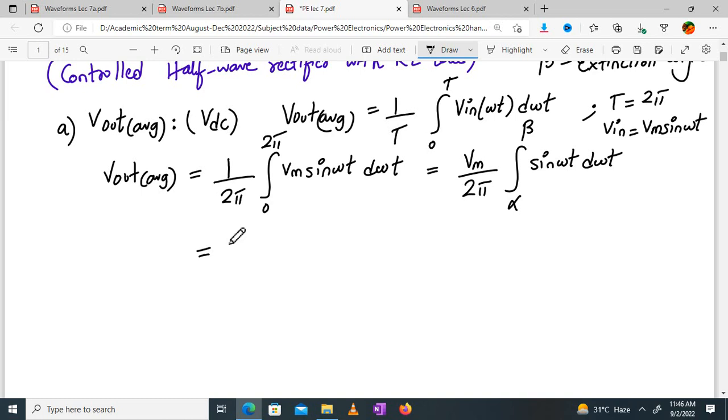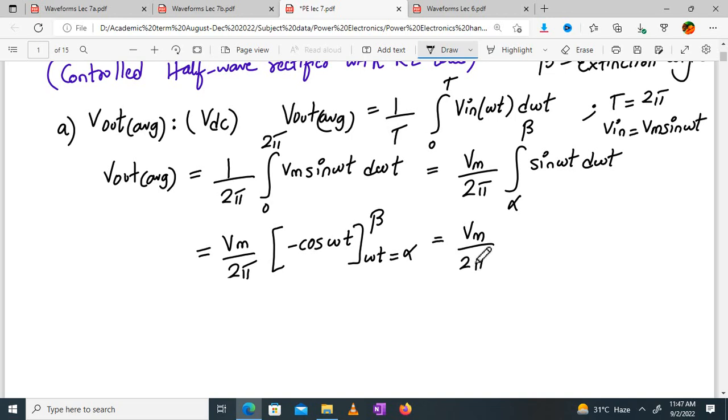That will be Vm upon 2 pi. What is the integral of sine? No, not cos. It's minus cos omega t, right? Where omega t is going from alpha to beta. Now what will be the next step? It will be minus cos beta minus of minus cos alpha.